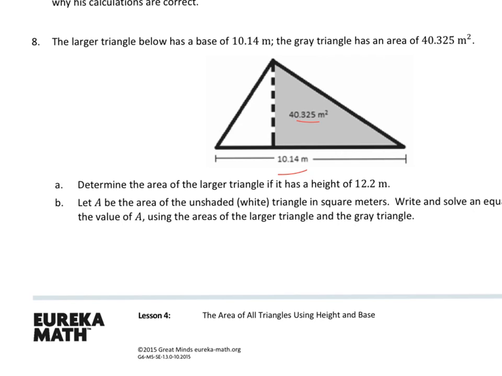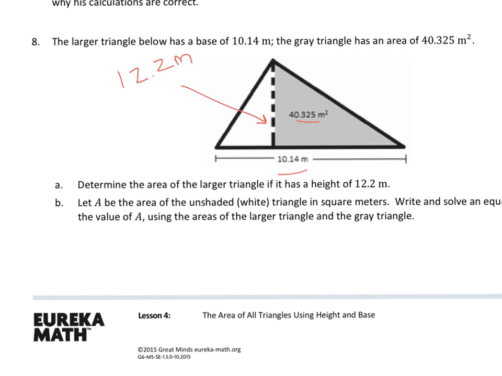So A says determine the area of the larger triangle if it has a height of 12 and 2/10 meters. So let me rewrite that so you can actually read it. And it's, this height is 12 and 2/10 meters.